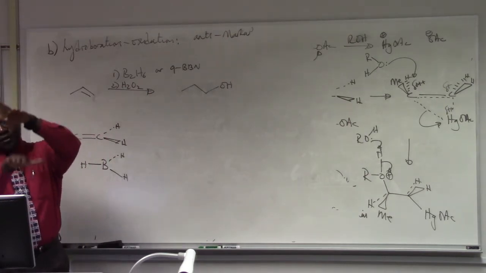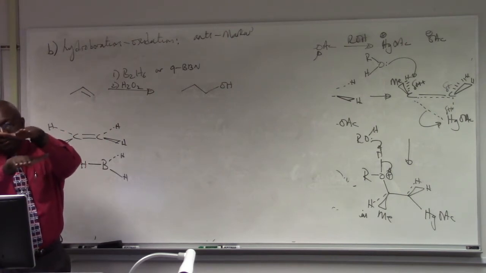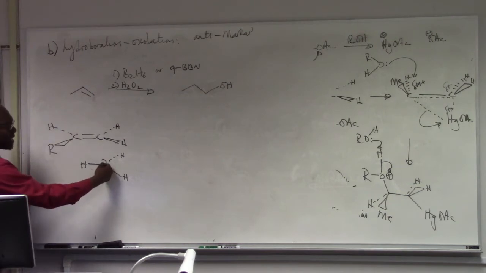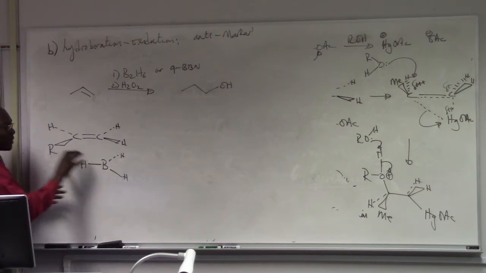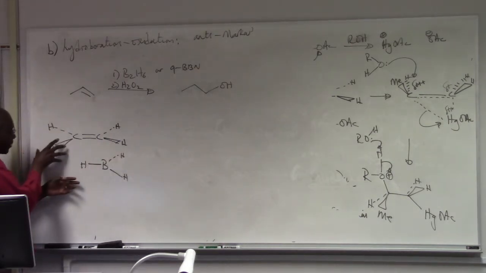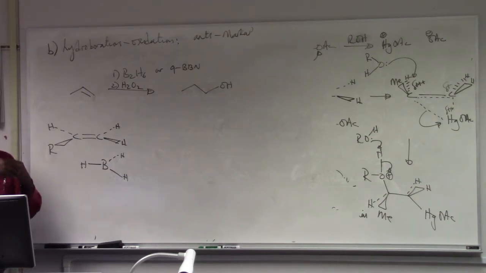So the flat boron sits under, or over, doesn't matter, the alkene, right? But if you notice how it's configured, the boron sticks the H in towards the bulkier side. So the bulk of the borane hides away from the bulkier side of the alkene. Basic steric hindrance, trying to avoid steric hindrance.